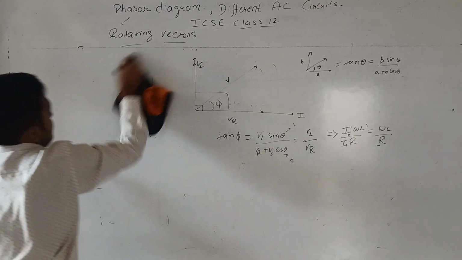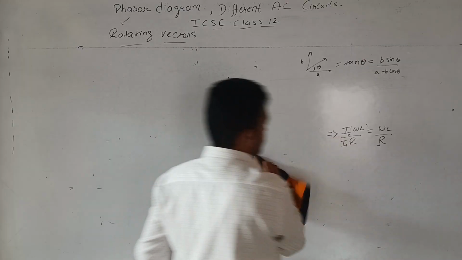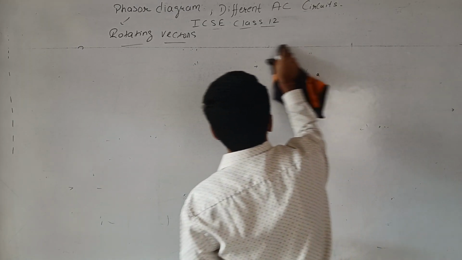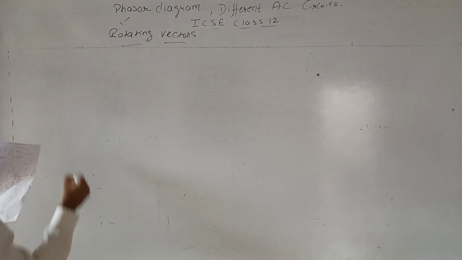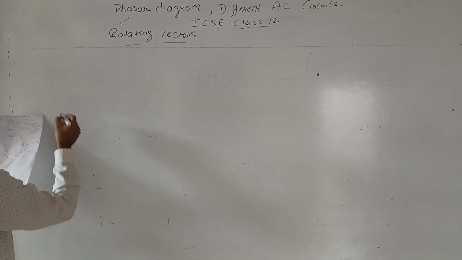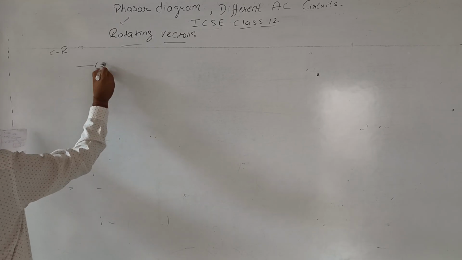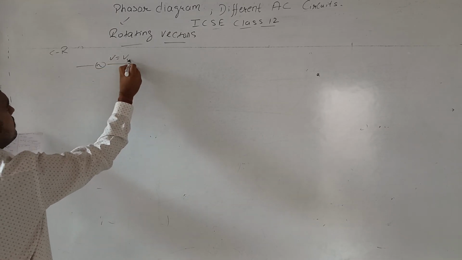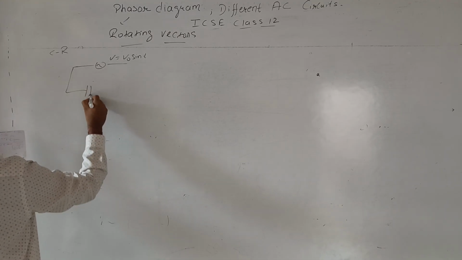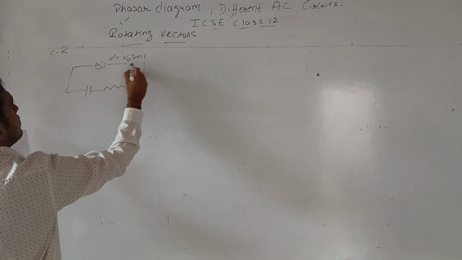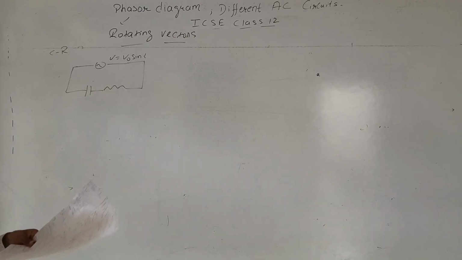Next is our CR circuit. Now in place of the inductor there will be a capacitor in series with the resistance R. So this is the AC source, V is equal to V naught sin omega t, and then we have a capacitor and resistance in series.